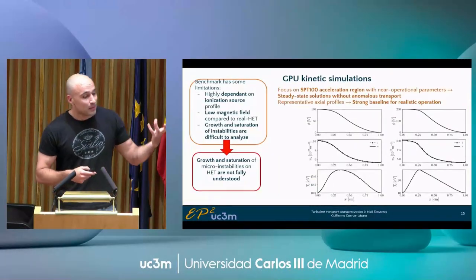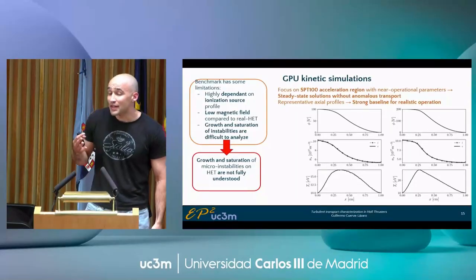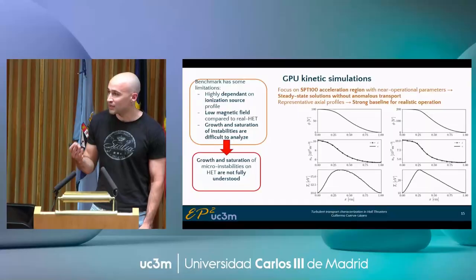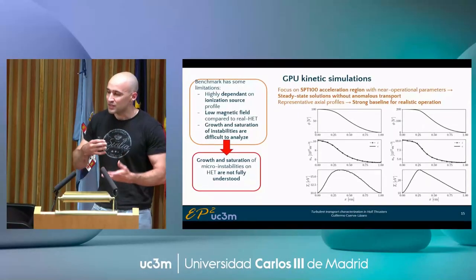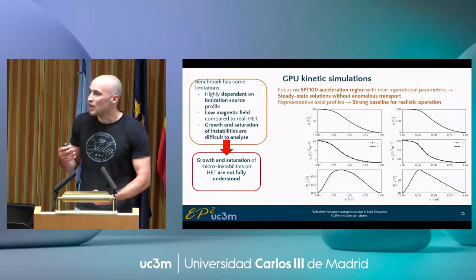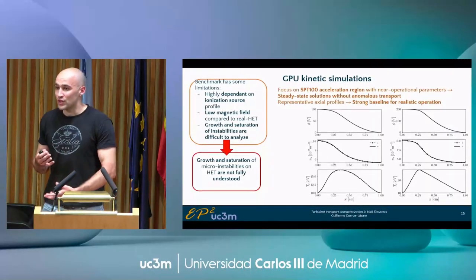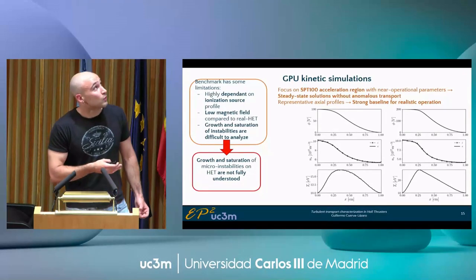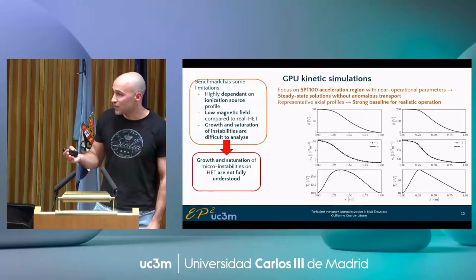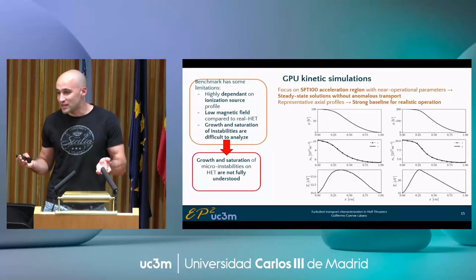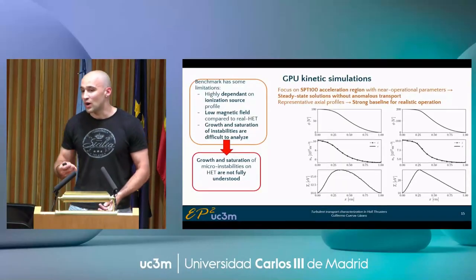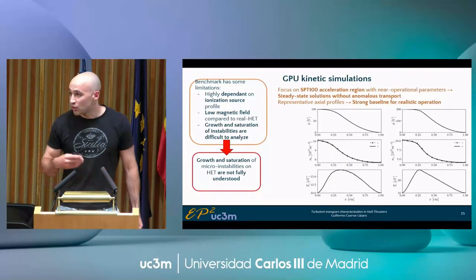So the benchmark has a lot of limitations, mainly that it's highly dependent on the ionization zone profile, you have a low magnetic field, and since you have many things at play, they don't really delve into what happens with the instabilities. They don't talk about the growth, they don't talk about the saturation. So the idea is to focus on the acceleration region of the Hall effect thruster and try to find a simplified scenario where we can control what happens with the instabilities, how they grow, how they saturate, and that's what we're working on right now.